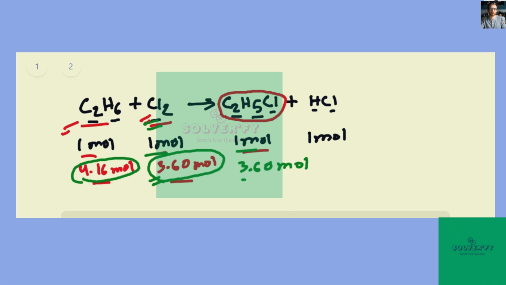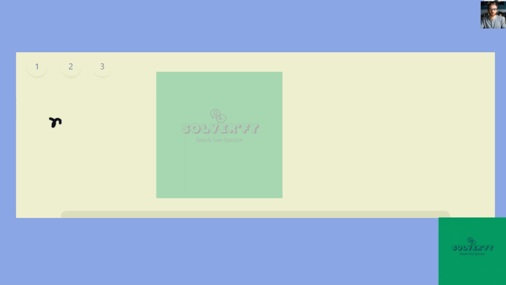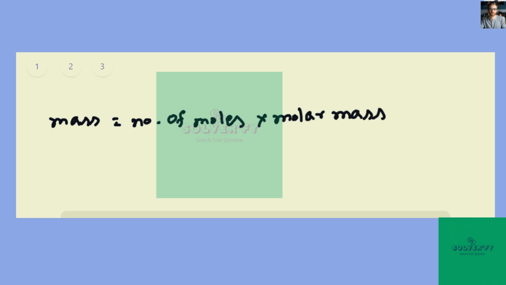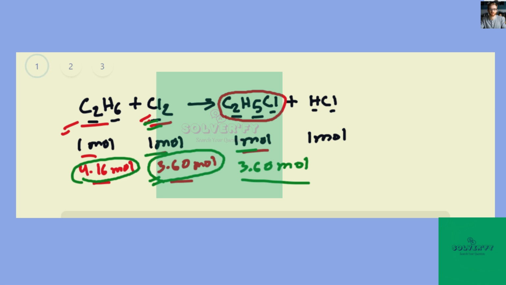So now we know the number of mole of C2H5Cl being produced, and from here we can find out the mass of C2H5Cl produced, which is very easy, as you know that mass is equal to number of moles times molar mass, and the number of moles we have found here is 3.60.